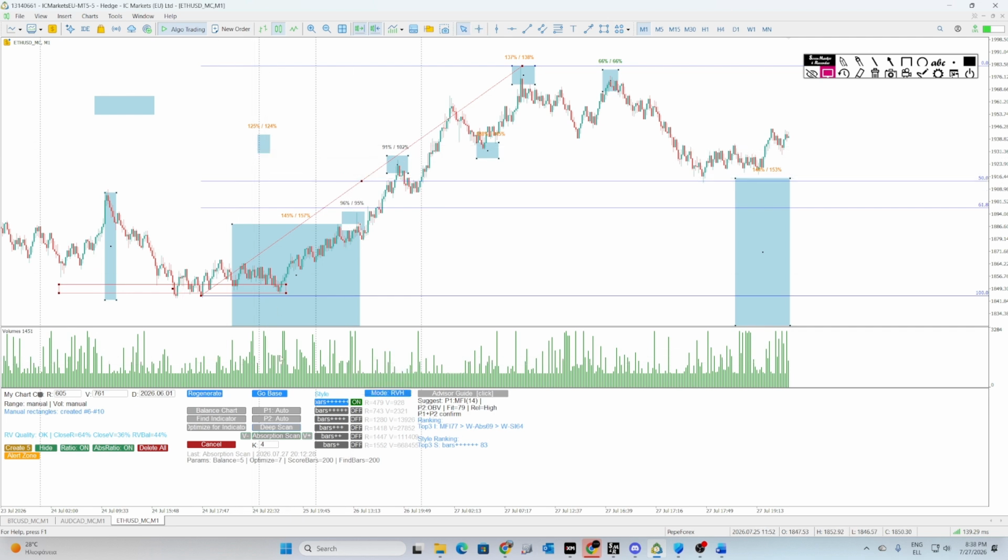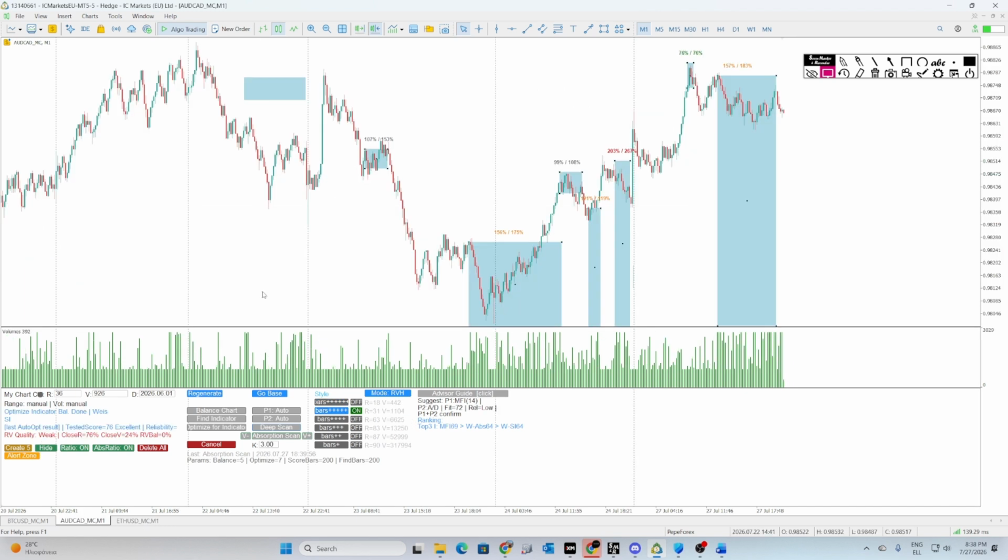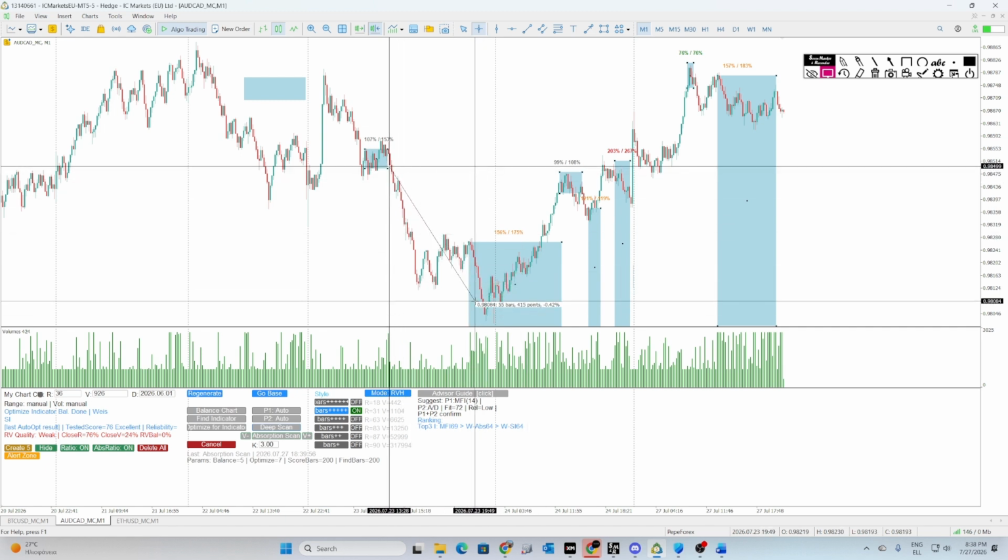Okay, so let's look at AUD/CAD. Look how visible that is. We're coming down, I have drawn my rectangles. Look at this high cluster area. This is a high cluster volume area. From this down move, it's 56% more volume ratio and 75% more absorption ratio from here to here.